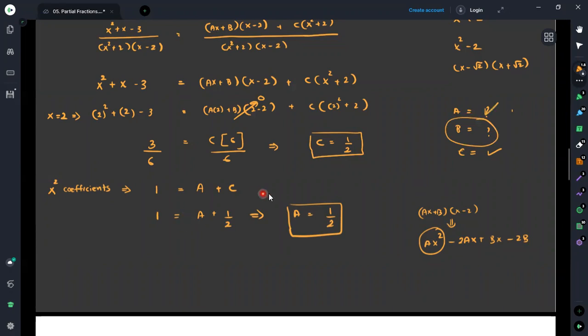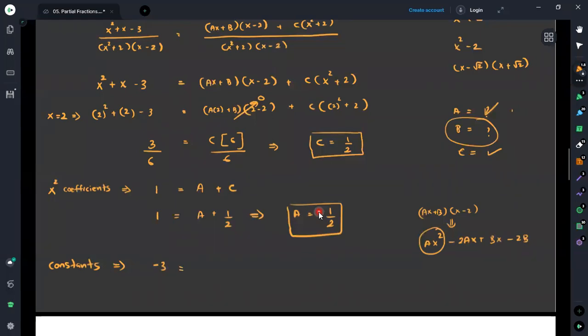To get the value of b, we can do a substitution. We can substitute an arbitrary value and find the value of b easily, or else we can equate the constant terms. If I equate the constant terms, on the left hand side the only constant is minus 3.